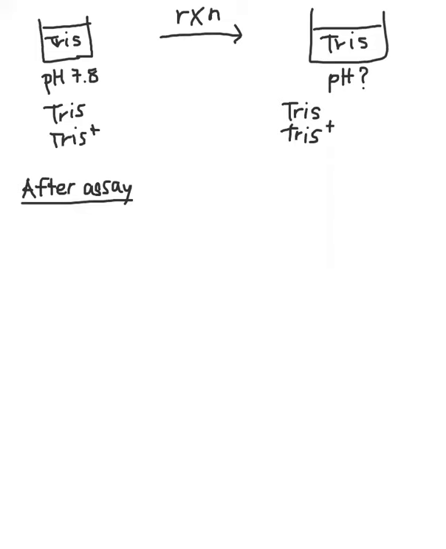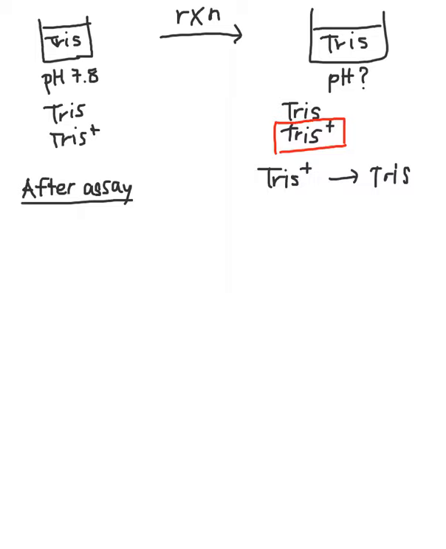So when you run the reaction and you consume the proton, what will happen? Because you consume the proton, it means that after the reaction, your Tris acid would be consumed, right? So you're taking the proton out of the Tris acid. When you take the proton out, the Tris acid will change to Tris base.